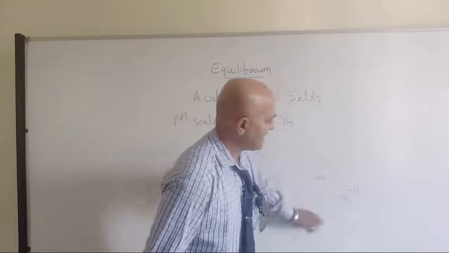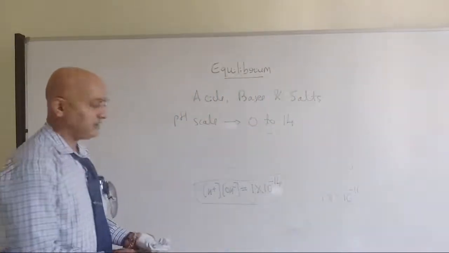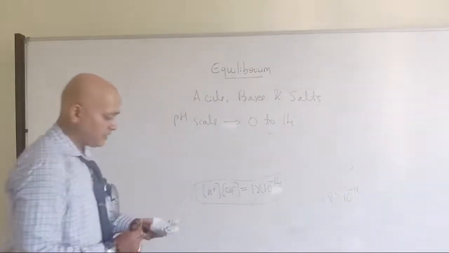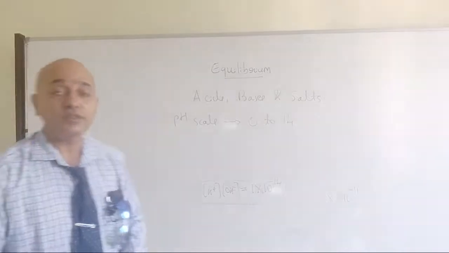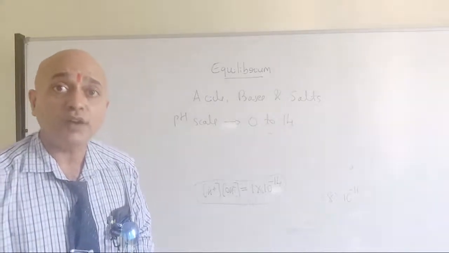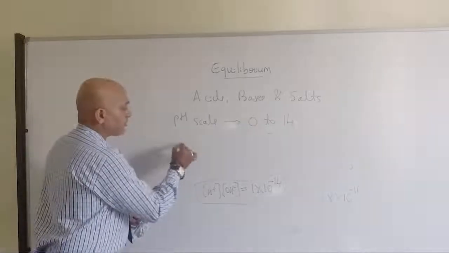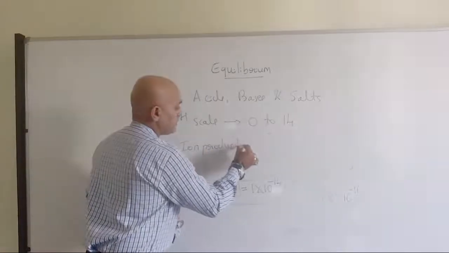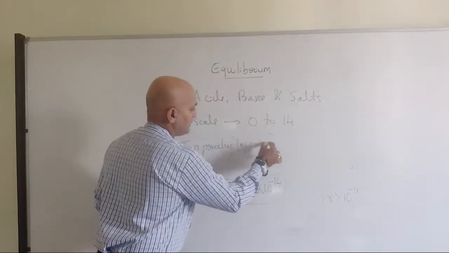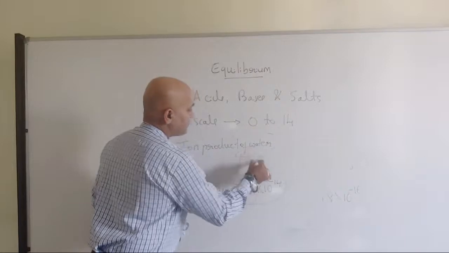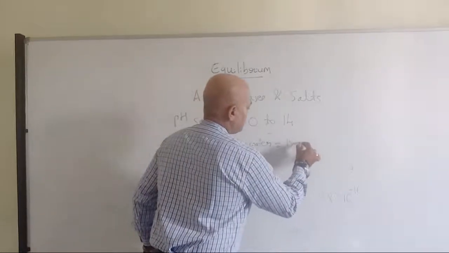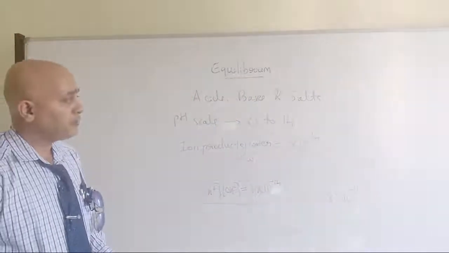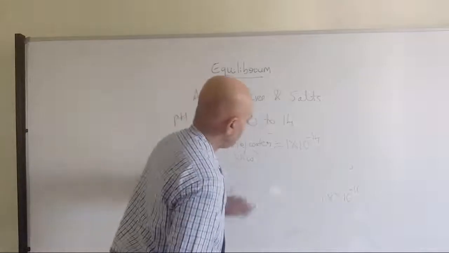on further understanding this concept, if you observe carefully, we can tell that this has an ionic product of water, because H plus and OH minus are both ions derived from water. So the ionic product of water, that is nothing but Kw, will be equal to 1 into 10 to the power of minus 14.